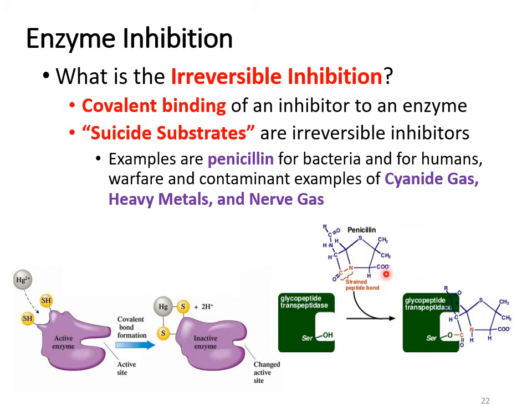In bacteria, penicillin is a suicide substrate, irreversibly inhibiting one of its enzymes for building its cell walls. And in humans, some really bad suicide substrates are cyanide gas, heavy metals, and nerve gas that will irreversibly block enzymes, and that's why they can cause severe sickness and death, because you need your enzymes active, not irreversibly blocked.